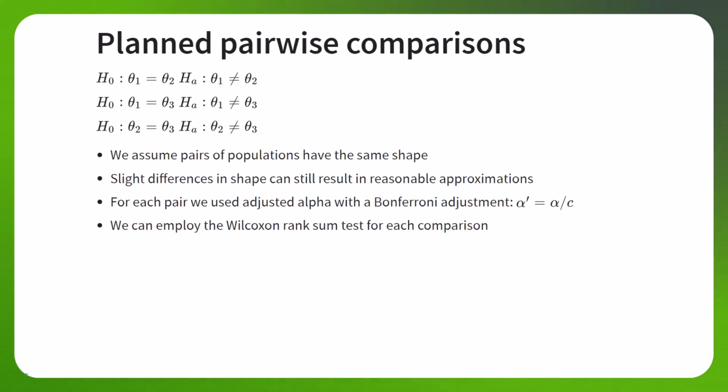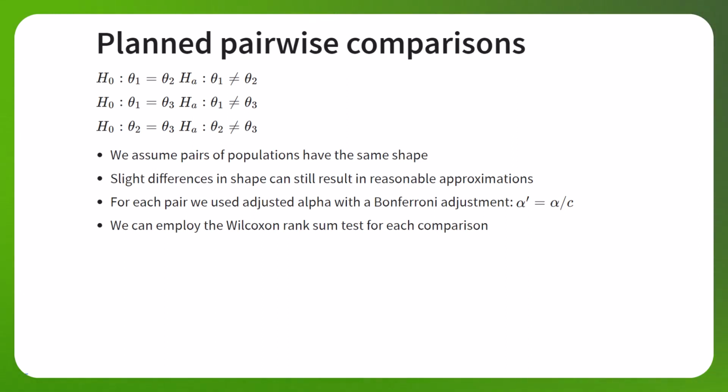The Bonferroni adjustment is a simple adjustment where we take our nominal alpha and divide by the number of comparisons that we have. So when we have 3 comparisons, we would take the nominal alpha, say 0.05, and divide by 3, and that provides us alpha prime, that is, the alpha that we should use for each comparison.